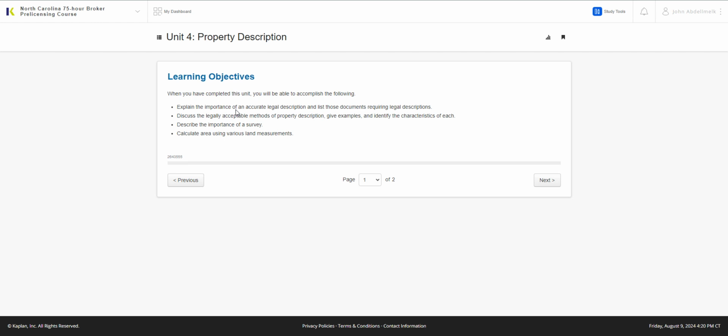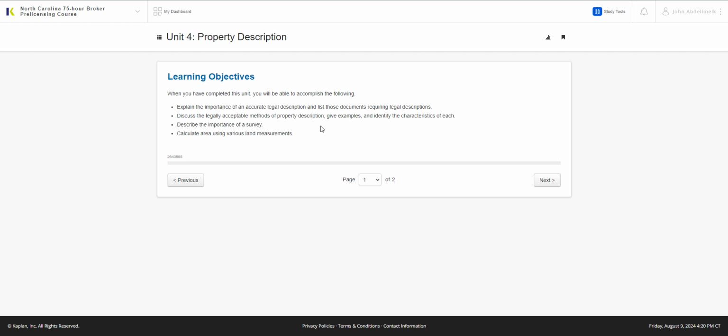But Unit 4 is basically going to be covering property description, right? And it kind of sounds exactly like what the title is sounding like. When we've completed this unit, we'll be able to accomplish the following.